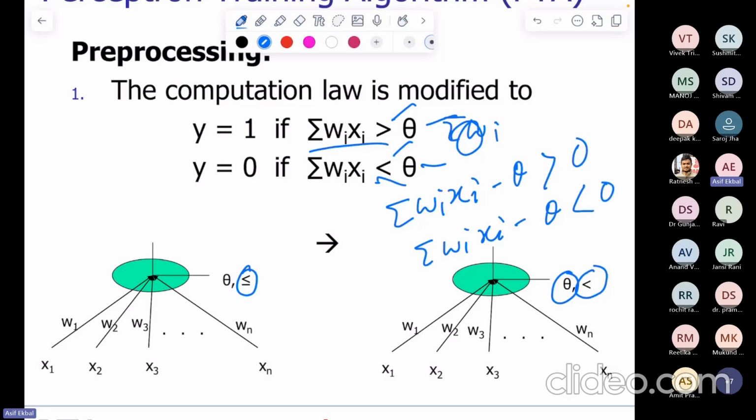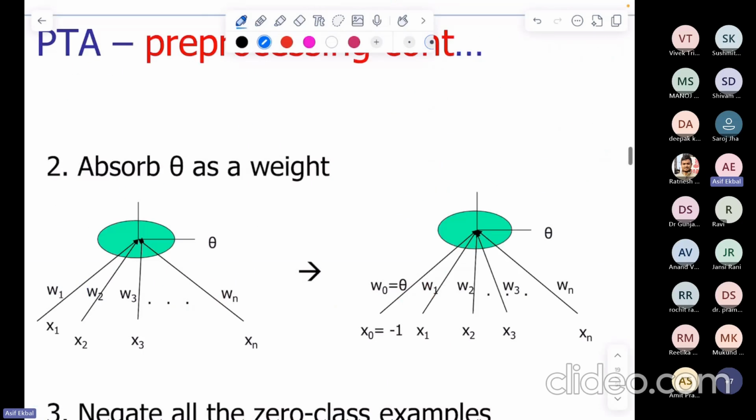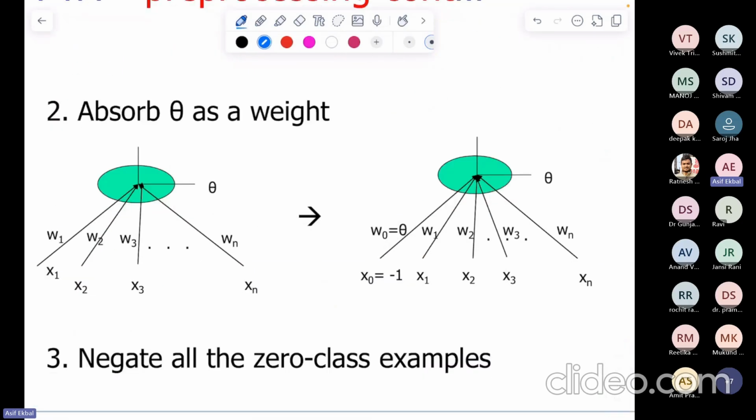So now you have brought theta to the left side, and then you can introduce a new input for it. Let's say x0 is the input and w0 is the weight. What you can consider is that w0 x0 equals minus theta. So theta is now absorbed as a weight here.